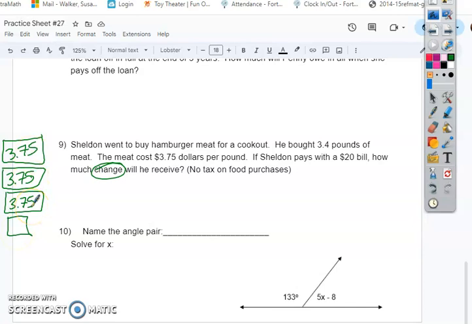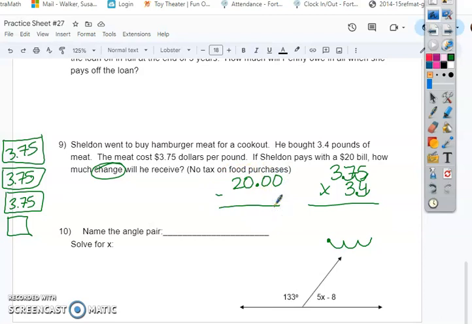Repeated addition, guys, is the same thing as multiplication. So you are going to multiply that. When you multiply, notice I am not lining up the decimals because at the end we count over the spaces. 1, 2, 3, and we will go 1, 2, 3 in. When you're done, though, you need the change from $20. When you find change, you're handing them your money. You're figuring out what you get back.